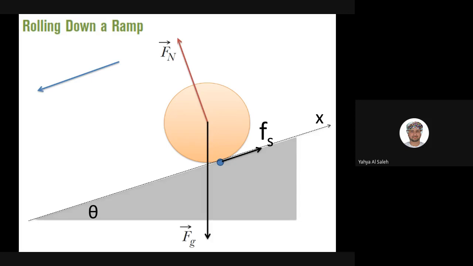Okay, you have your normal force. There we go. These are our forces. Fg cosine theta, Fg sine theta, Fn, and friction. So far, so good? Anyone has issues with any of this so far?